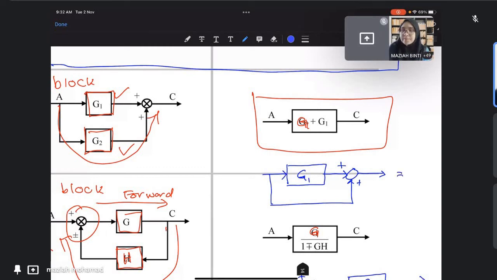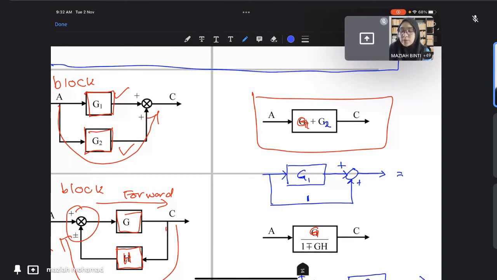if you are going to combine this forward block, you can see that there is no G2. This is G2 actually. G1 plus G2, there is no G2, but we do know that for a line it is 1.